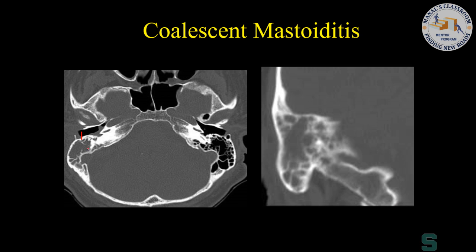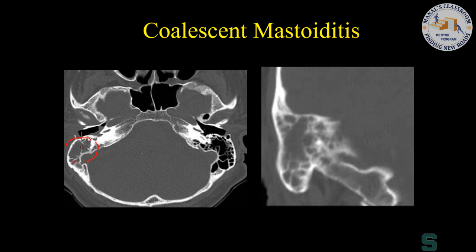So what is mastoiditis? First of all, sinusitis or mastoiditis is a clinical diagnosis. It's not a radiological diagnosis. Okay, it's made by the referring physician in a patient that has some type of fever, and when they press over the temporal bone, it's tender. Now, what we see here is the correlation of imaging of coalescent mastoiditis.